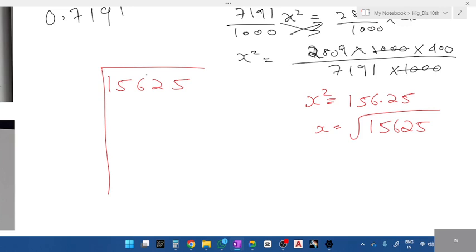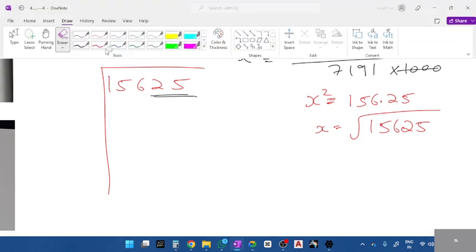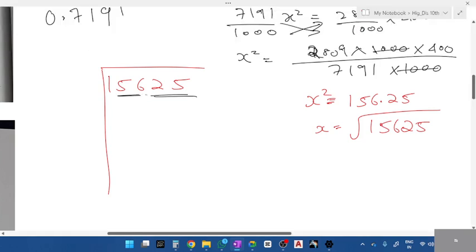This is the left hand side and this is the right hand side. How many numbers do you have to pair? Two numbers. So which number is left here? Which one has a single number?